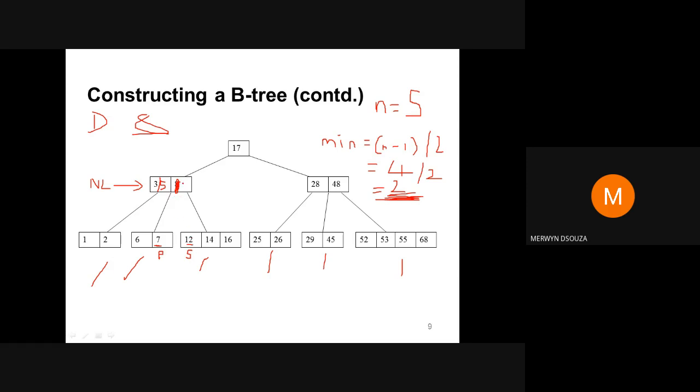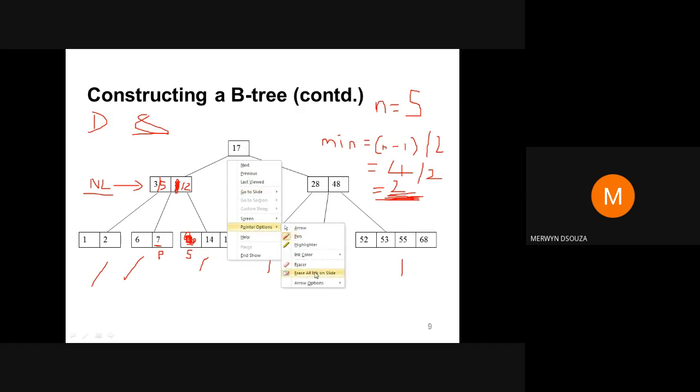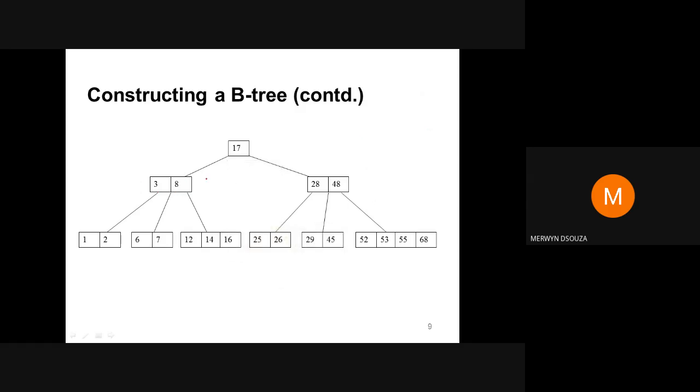Suppose I have written the algorithm where the successor is placed, so in place of 8 I will place 12. 12 will be removed from this leaf node. This is how we do deletion from a non-leaf node. Suppose again the same example, order is 5, so the minimum number of keys is 2.